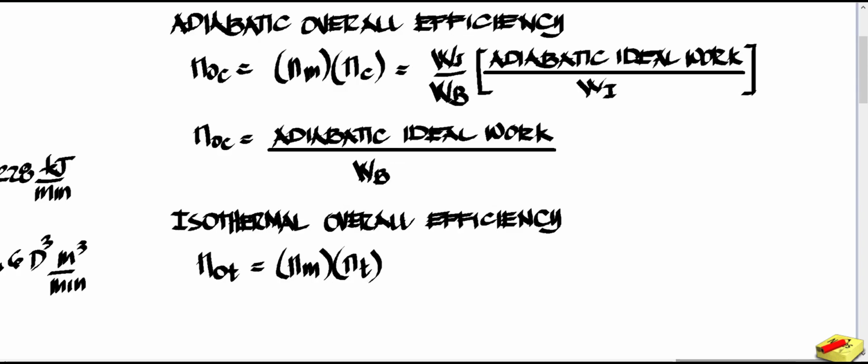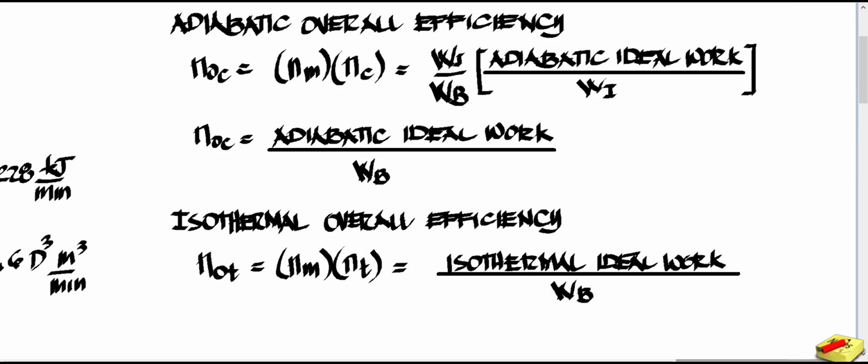Now for the isothermal overall efficiency, we have this equation representation: it is equal to the mechanical efficiency multiplied by the isothermal compression efficiency, and it can also be expressed as the isothermal ideal work divided by the brake work.